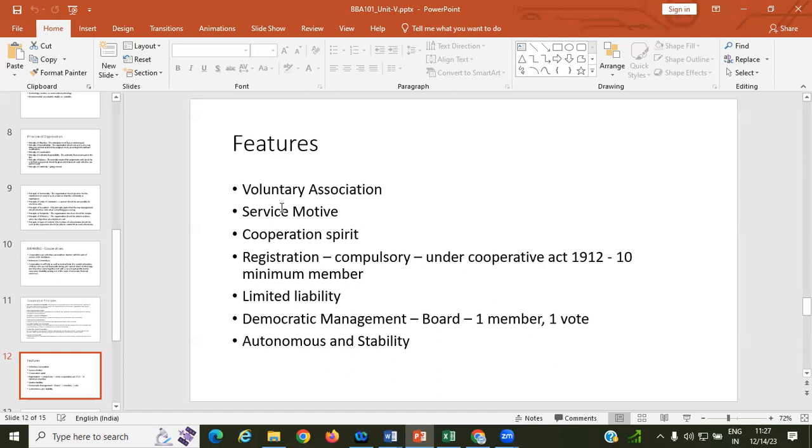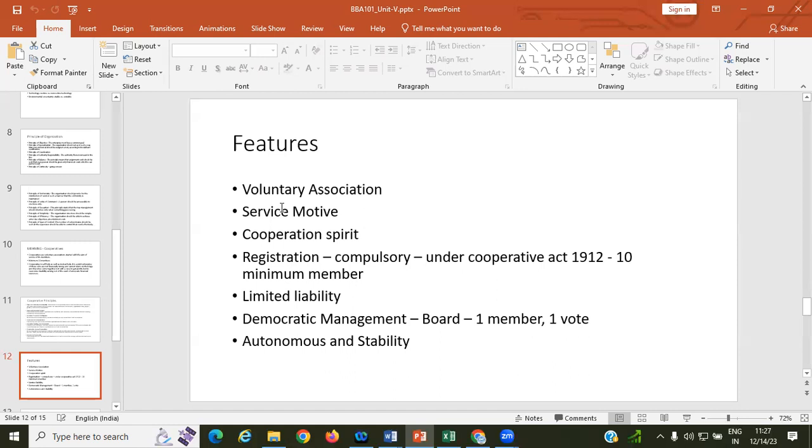The members will vote, and one member will have one vote. It's not that one person contributes more and has more money, or one person contributes nothing and gets fewer votes. Irrespective of your contribution, one member has one vote.